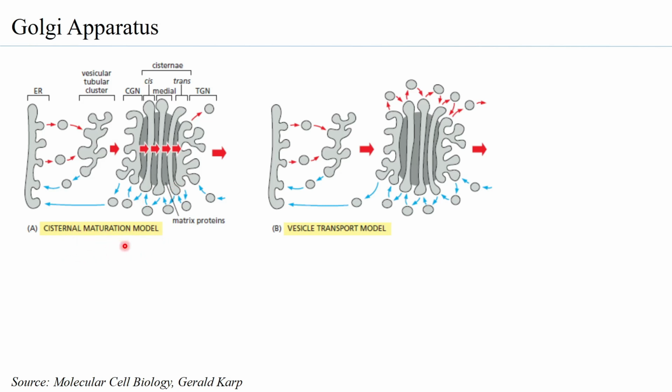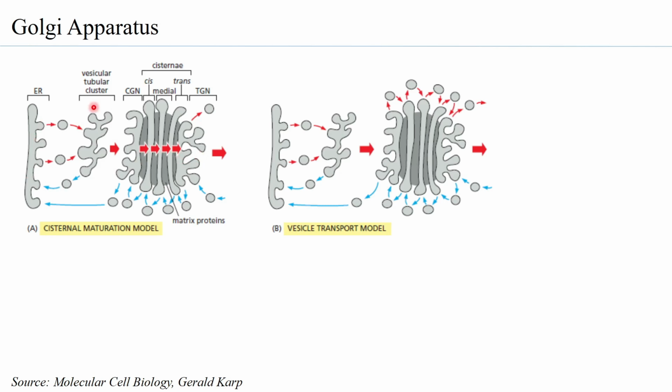As the name suggests, the cisterna that is formed matures into the next cisterna, that matures into the next, and finally at the trans end, the matured cisternae get disrupted into small vesicles, which then move to different destinations. So this is a maturation model because every new cisterna is slowly moving one place, getting more and more mature.